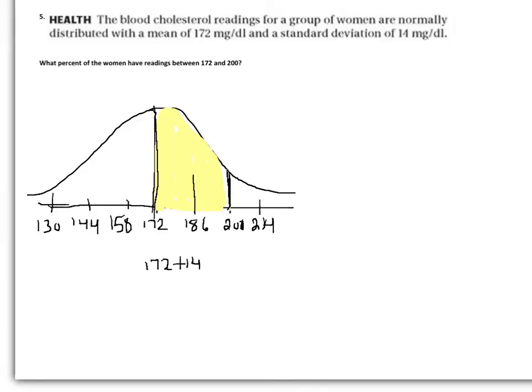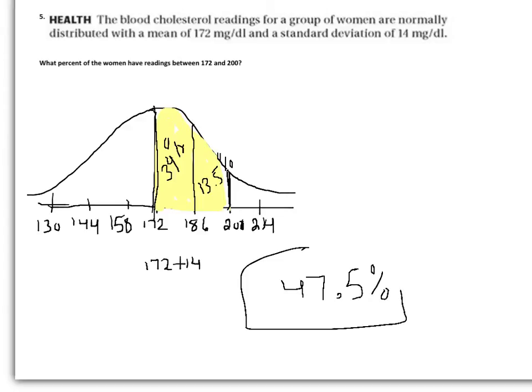So remember, we know this was 34%. And this one was 13.5%. So what's the probability? It says what percent of the women have readings between those two? Add those two together. 47.5%. So see how we can use this normal curve to figure out some percentages? Okay.